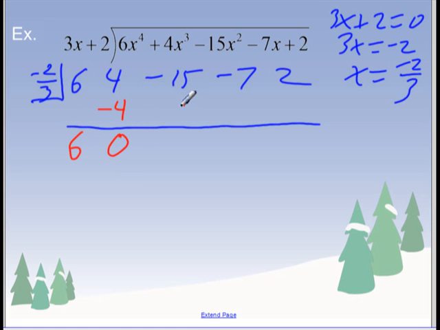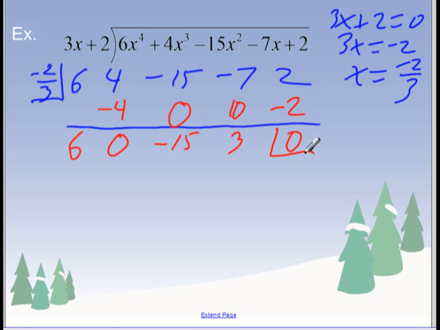Multiply, left that 0. Add, negative 15. Multiply, negative 2/3 times negative 15. That's positive 30/3, which is 10. Add, we get 3. Negative 2/3 times 3 is negative 6/3, which is negative 2. Add, and I get a 0 remainder.